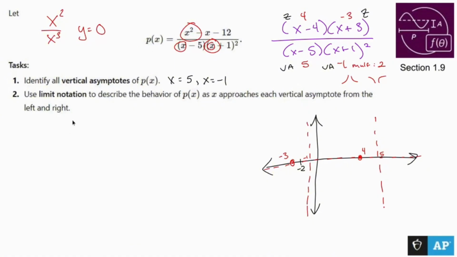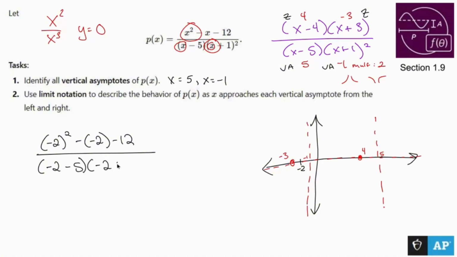So I'm going to take my original problem, plug in -2 and see if it's positive or negative. -2 squared minus -2 minus 12 all over -2 minus 5 times the quantity -2 plus 1 squared.